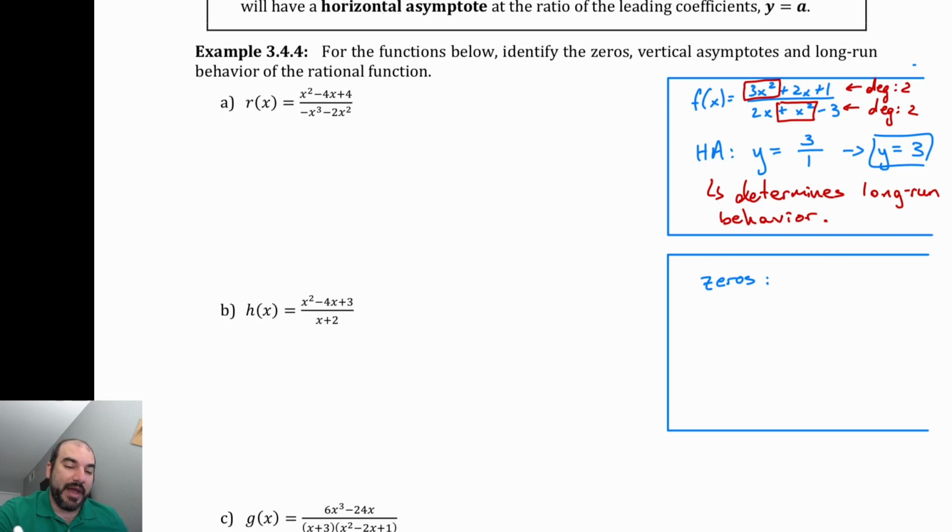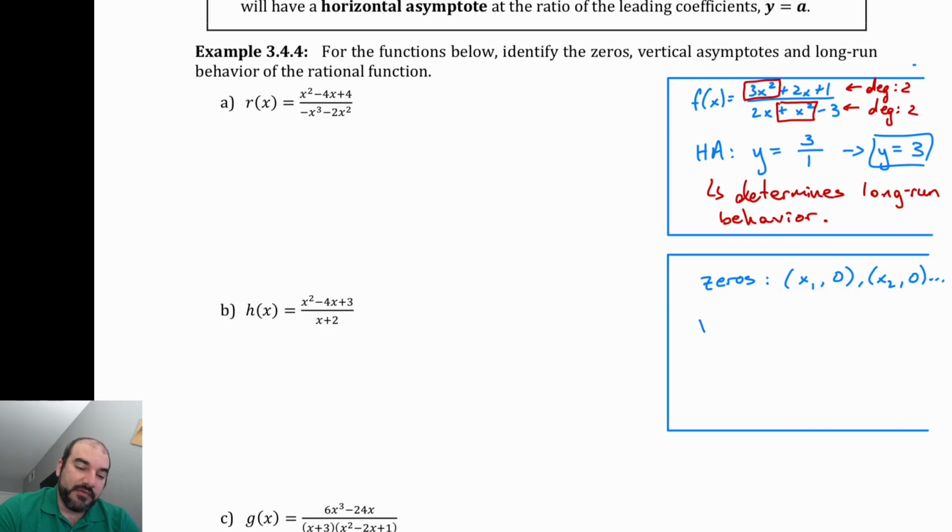So we're going to write them as x1 comma 0, x2 comma 0, and so on. We're going to write them as coordinate points. You're going to set the numerator equal to 0, and then you're going to solve for x's, and however many you get, that's how many zeros you'll have to list, right? But we're going to list zeros as coordinate points, as x-intercepts.